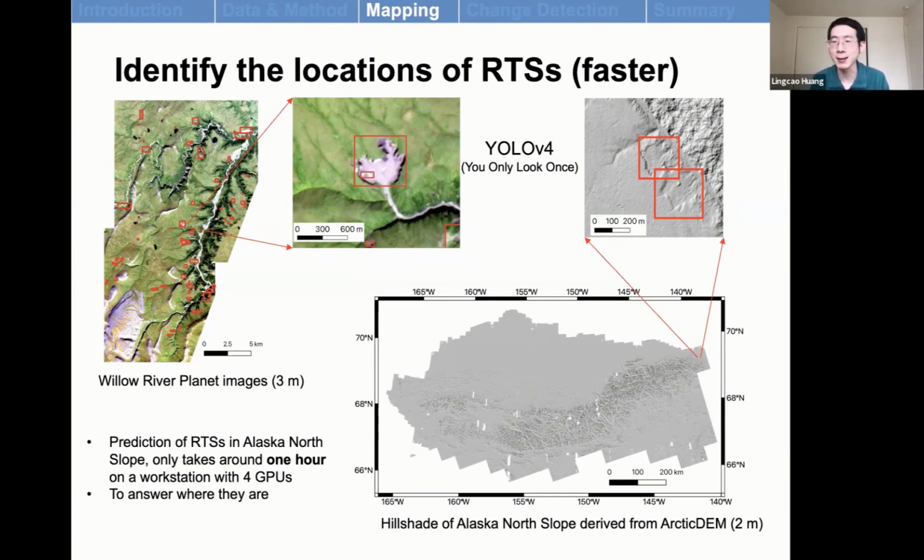For the Alaska North Slope, with a well-trained model and the previous algorithm, it may take a few days to run the prediction process.